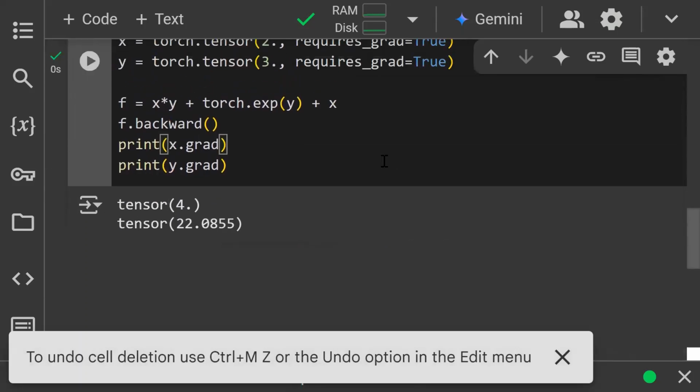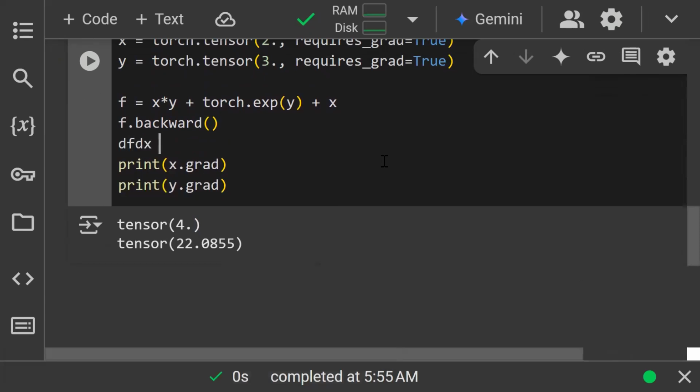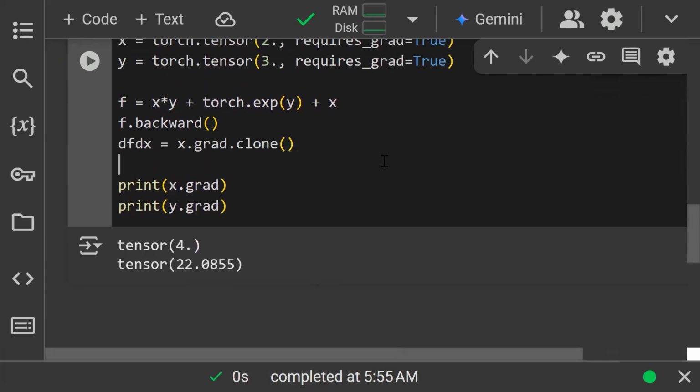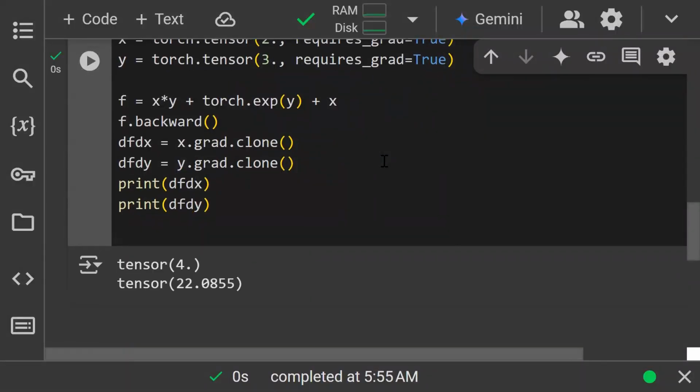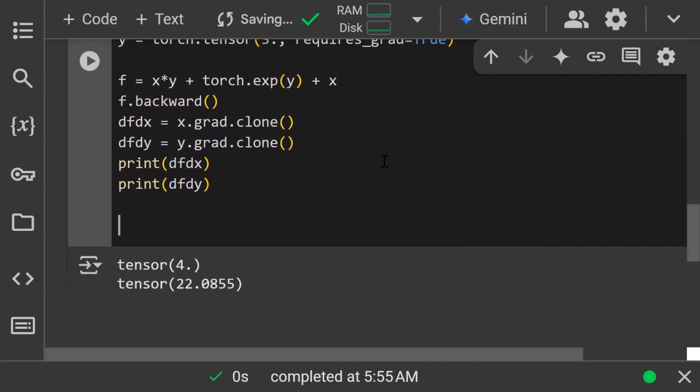But now, let's say df dx equals x dot grad dot clone, and df dy is y dot grad dot clone. Now your hope is to be able to compute the second derivative.